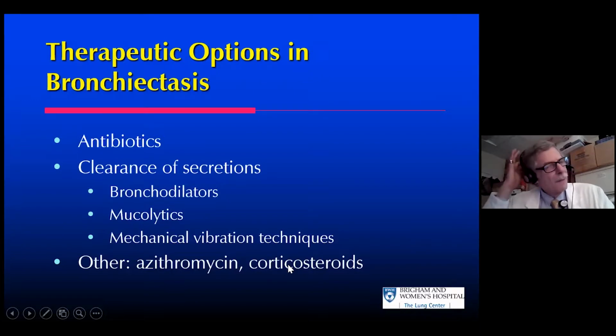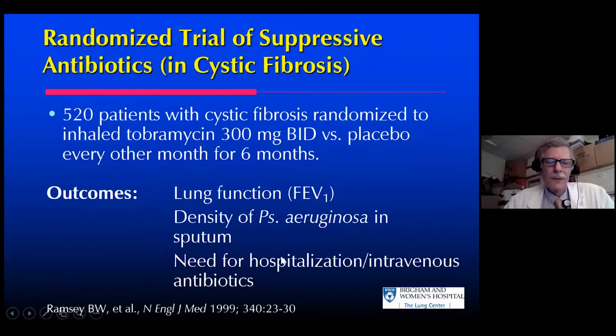What's of interest in bronchiectasis is the use of inhaled antibiotics for chronic symptomatic disease. This was studied in cystic fibrosis initially, but was true for non-CF bronchiectasis as well, delivering medications that aren't available orally in high doses to the airways where the infection is.